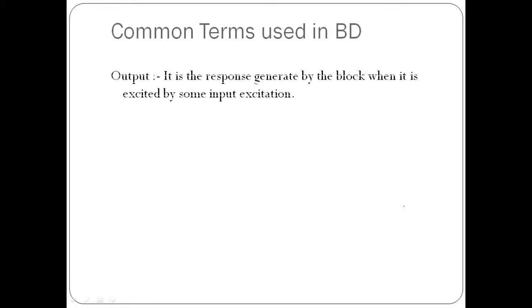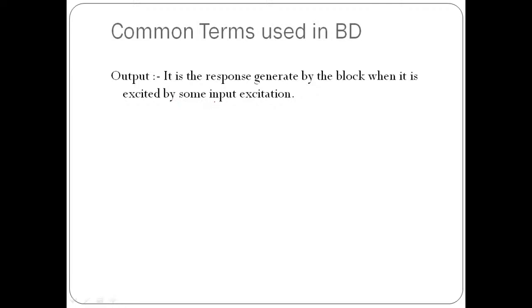So the first point is output. What do you mean by output? You have to note down all these points one by one. Output is nothing but the response of the system, or the response generated by the block when it is excited by some input excitation.